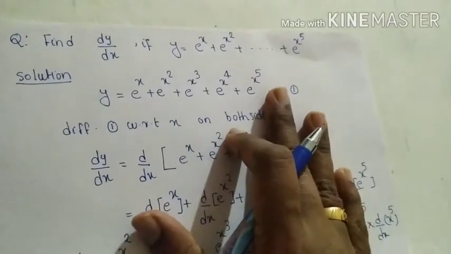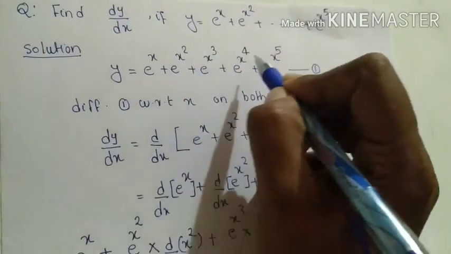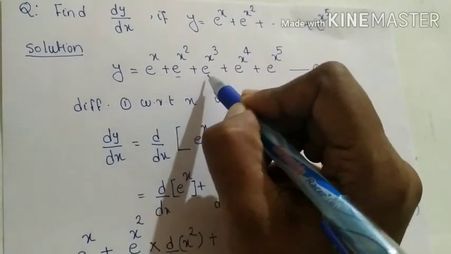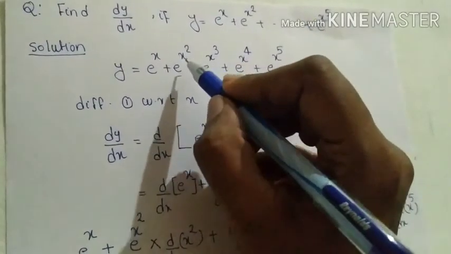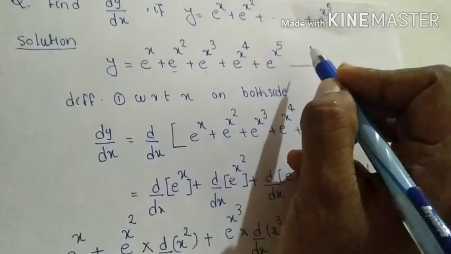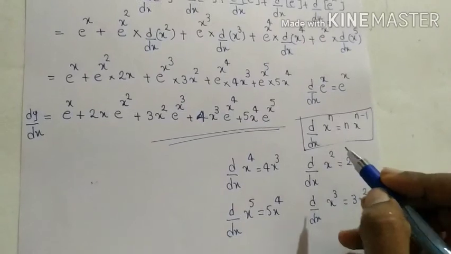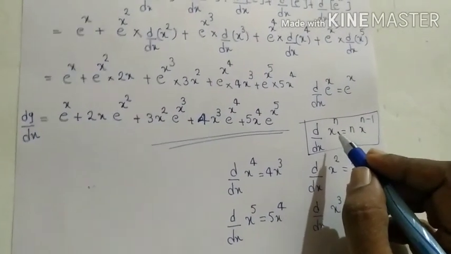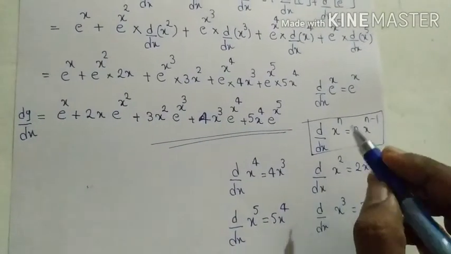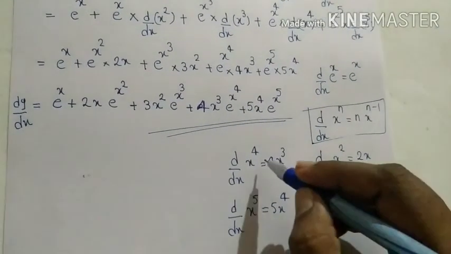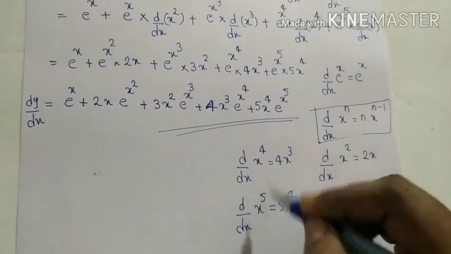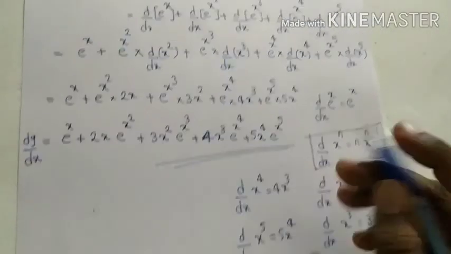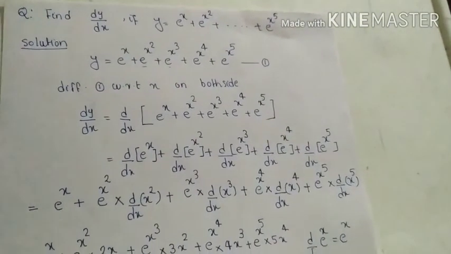So don't forget, from the second term onwards, I'm using the chain rule, along with the standard derivative of x raised to n, and we get all the answers of this derivative. I hope you understood.